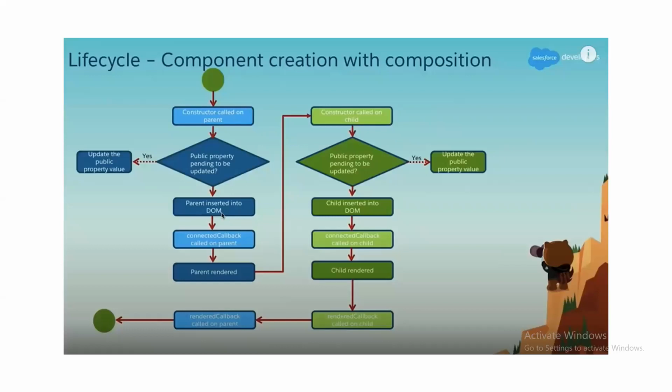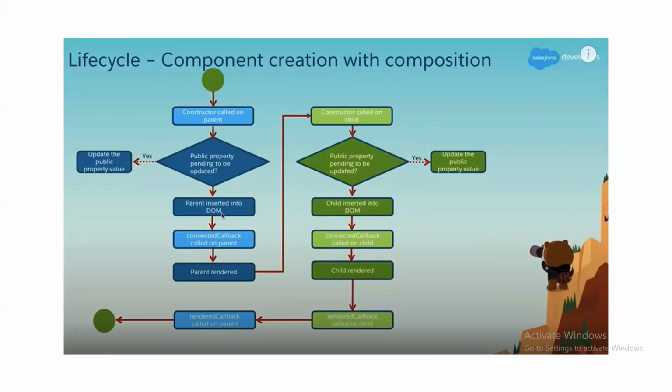This particular slide talks about the lifecycle of component creation with composition. What are the steps that happen? For example, the constructor is called on the parent. That is the first step. Then the parent is inserted into the DOM.